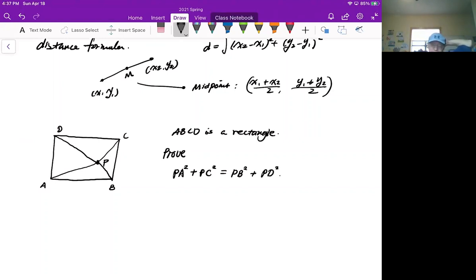All right, so this is a pure geometry problem, right? You have a rectangle, you have a point P, and then you got the four segments, right? So PA, PB, PC, PD. And the good news is that if you take the squares of all of them, the four squares, right, they have such a very nice relationship. But how can I prove this?